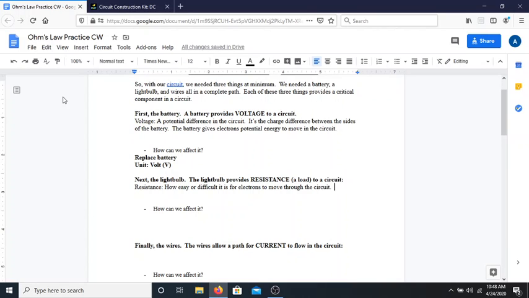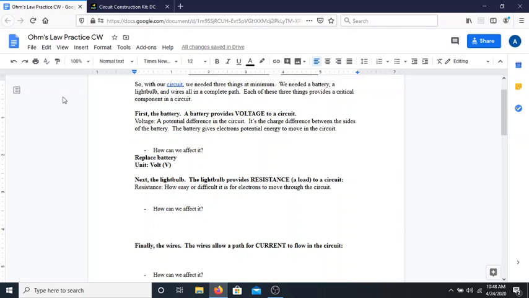You can measure that based on what is in the circuit. In the fantasy land of physics that we live in right now, we assume that the only things that ever make it hard for electrons to move through the circuit are things like light bulbs or things that we call resistors. And a resistor is exactly what it sounds like. It's just something that provides resistance in the circuit.